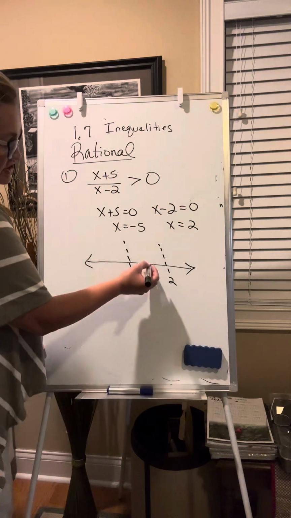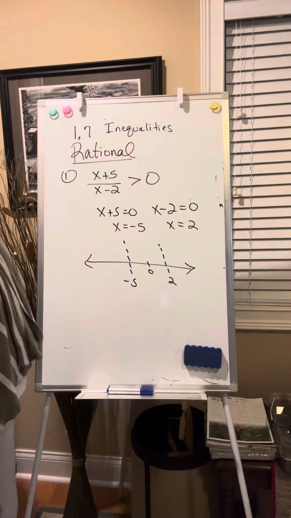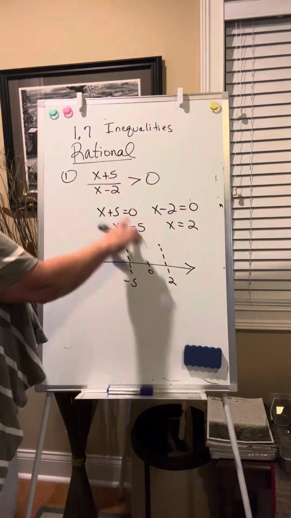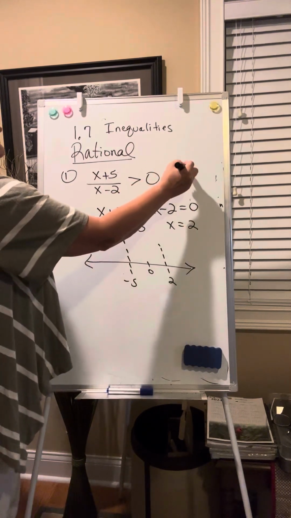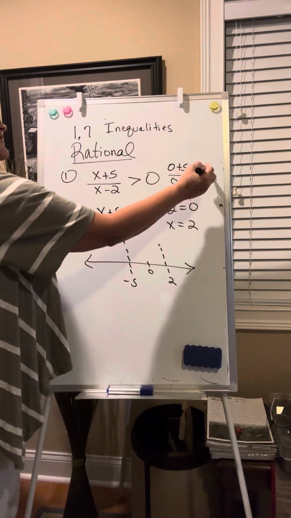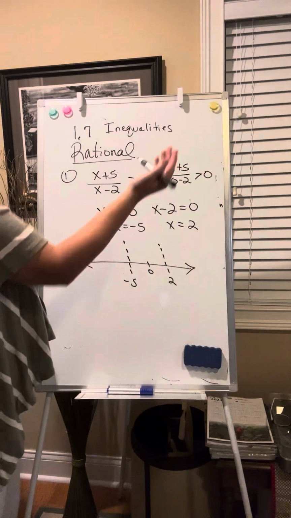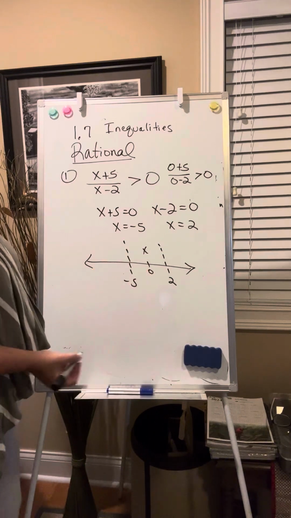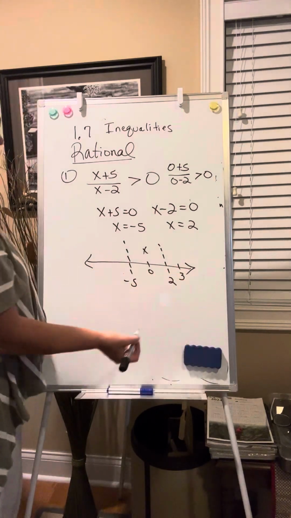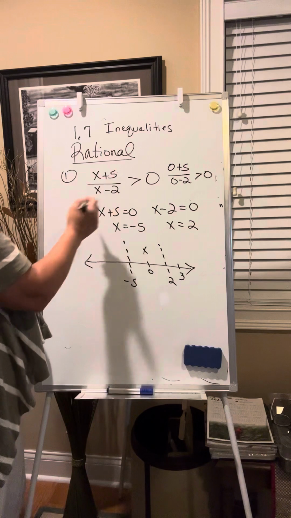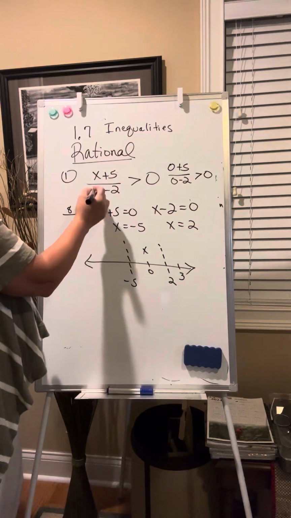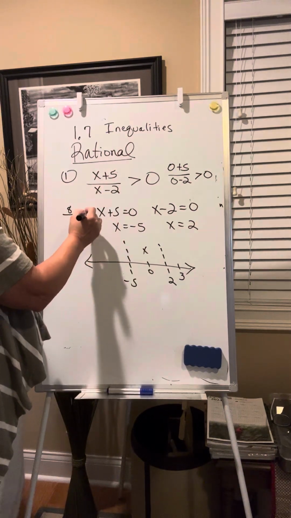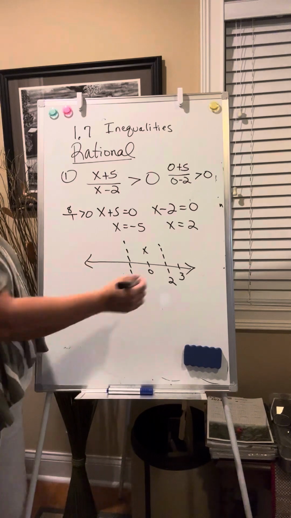We do that in this chapter by just taking a test point. So I usually try to find my 0, plug it in for x, and say, is that true? And we can check that out. It is not true. So don't shade that section. Check something over here, say like 3. 3 plus 5 is 8, over 3 minus 2, 1. Is that greater than 0? It is.